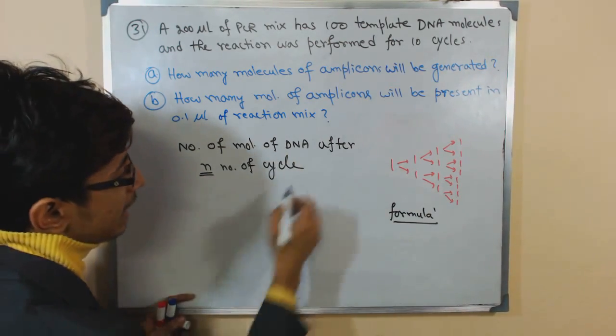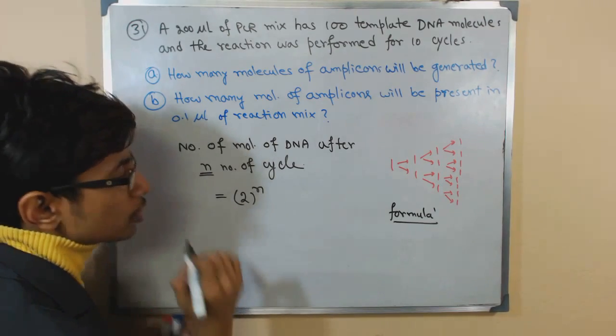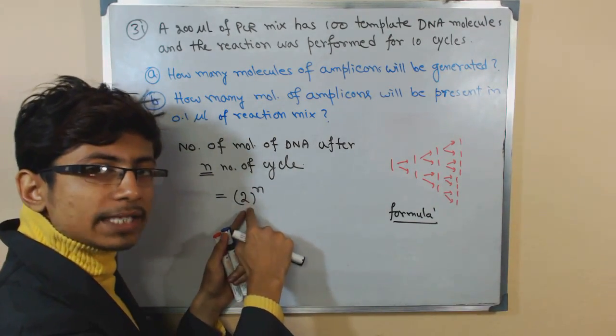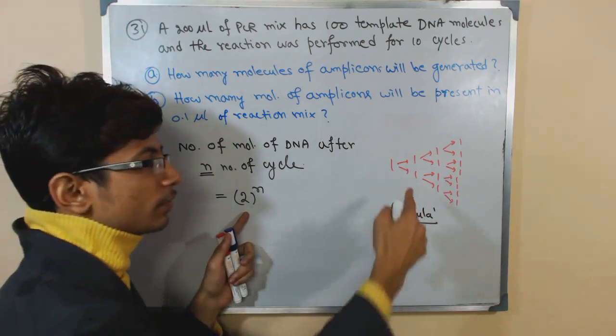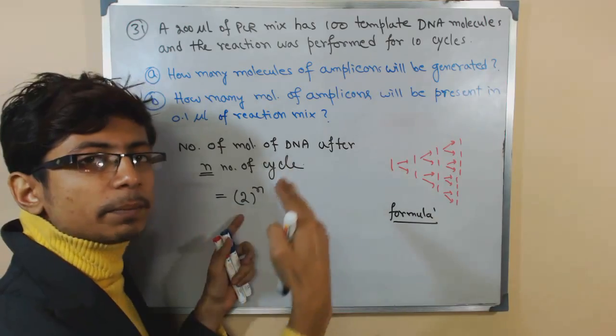Let's assume n is the number of cycles. The formula states 2 to the power n, because 2 is the multiplication factor, so twice the number of DNA molecules are present from a particular template.